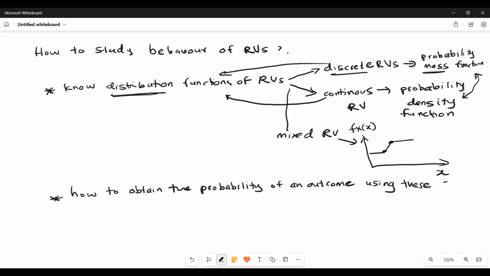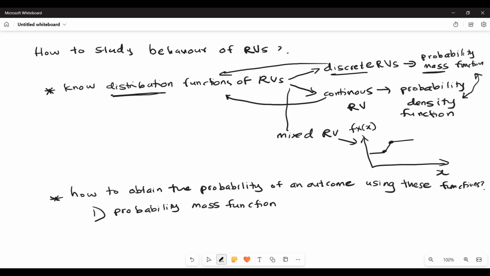How can we find the probabilities? First we need to consider the function. If it is a probability mass function, it's easy for us, right?